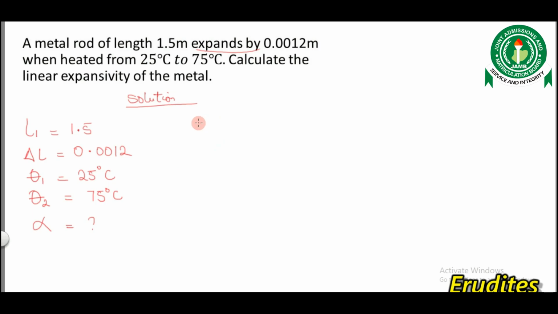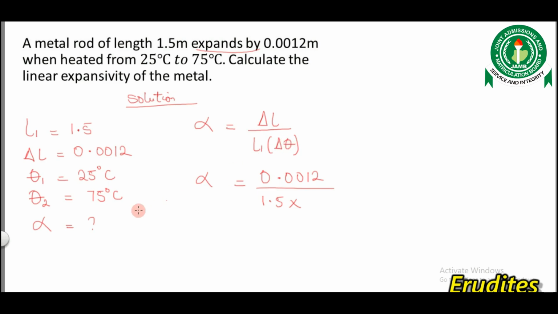From the formula, linear expansivity is equal to change in length per unit length per degree rise in temperature. So my linear expansivity will be equal to my delta L, which is 0.0012, over my L1, which is 1.5, times my change in theta.